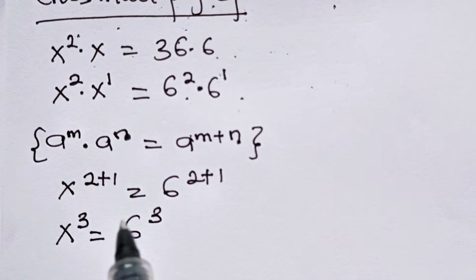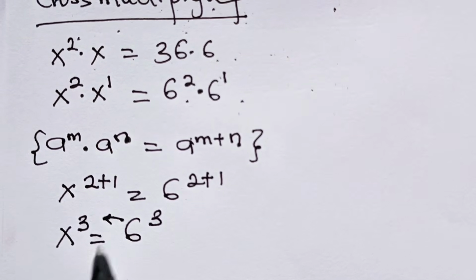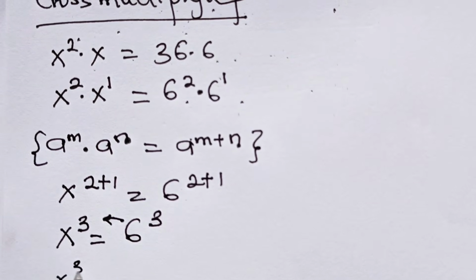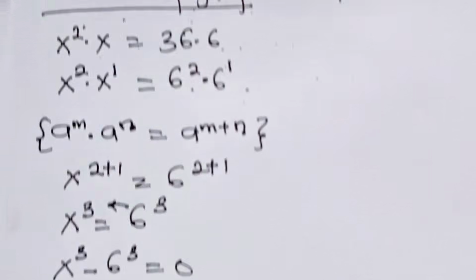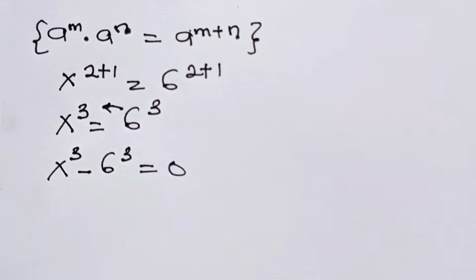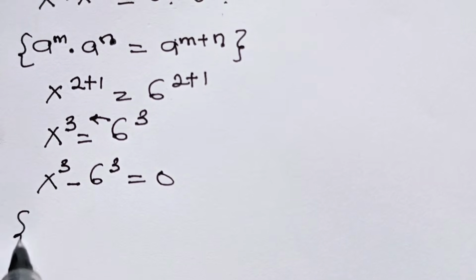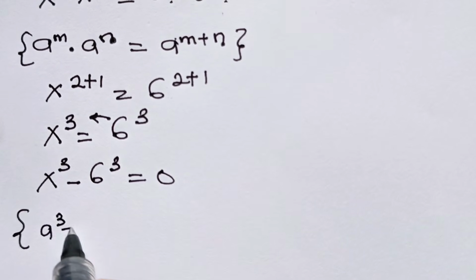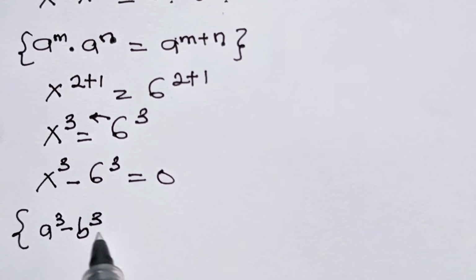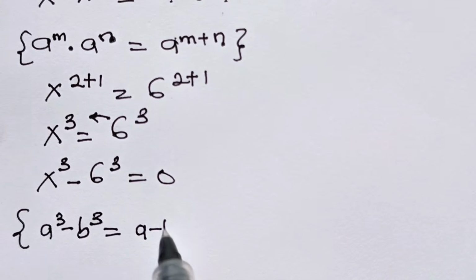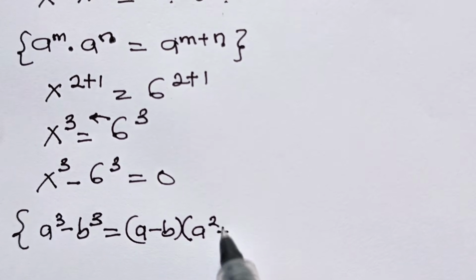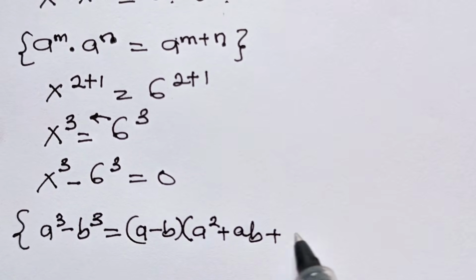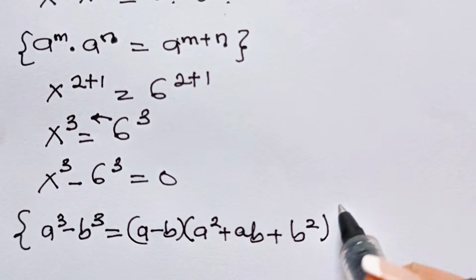At this point, let's transfer this to the other side. That way we have x to the power of 3 minus 6 to the power of 3 is equal to 0. Now recall that a to the power of 3 minus b to the power of 3 is equal to a minus b multiplied by a squared plus ab plus b squared.